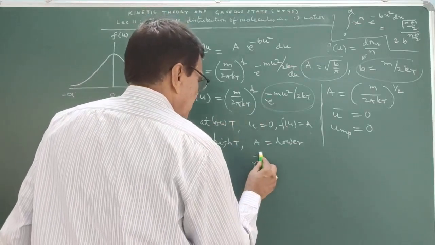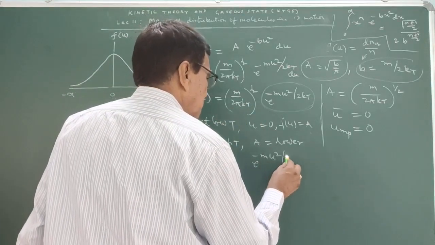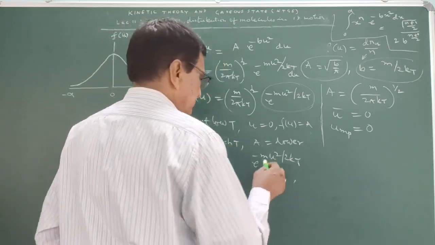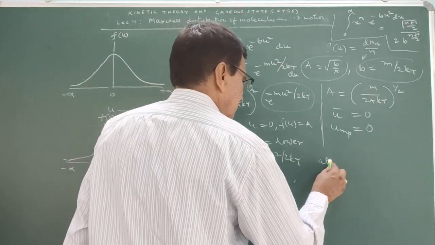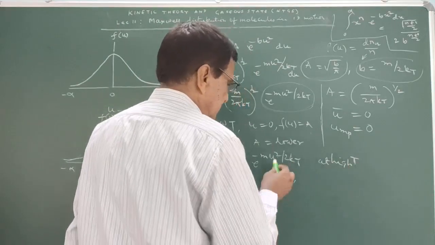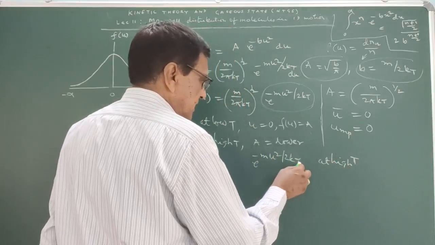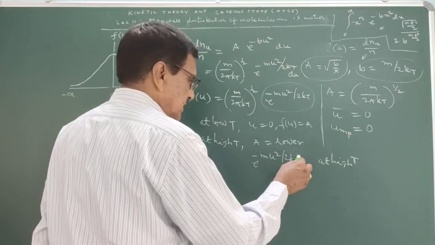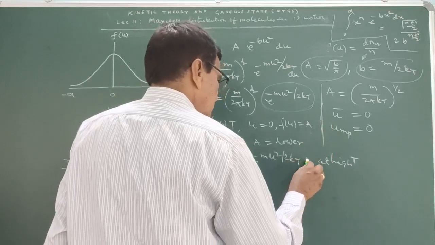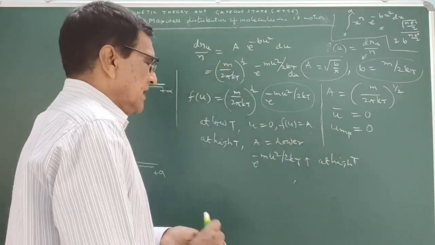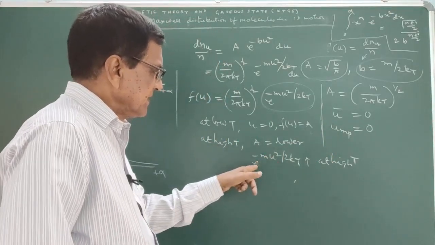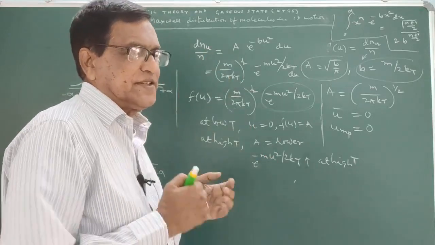This e to the power minus mu square by twice kT at high T, the temperature is high, so this value is coming greater, and with the increasing of this u, this curve is decreasing.